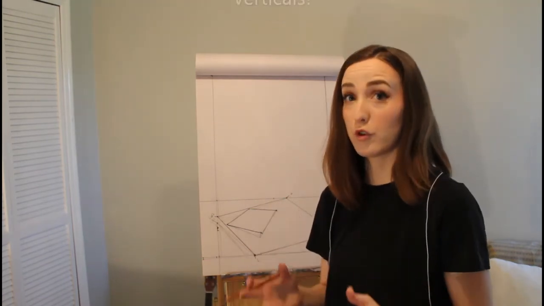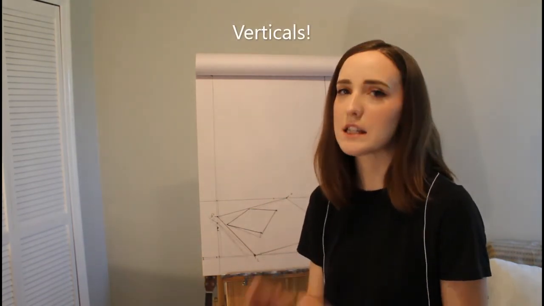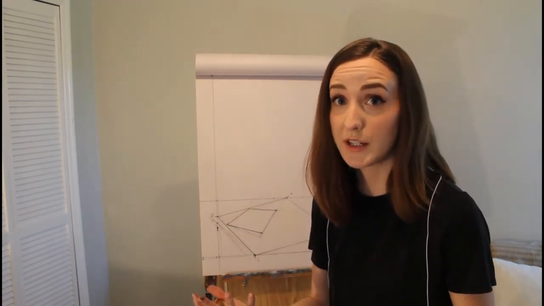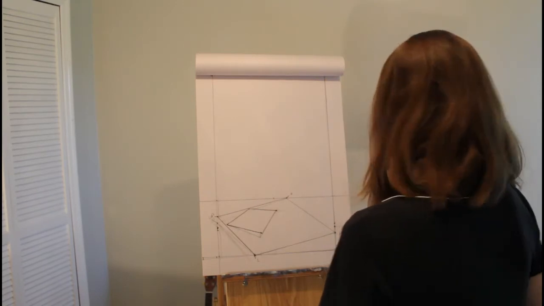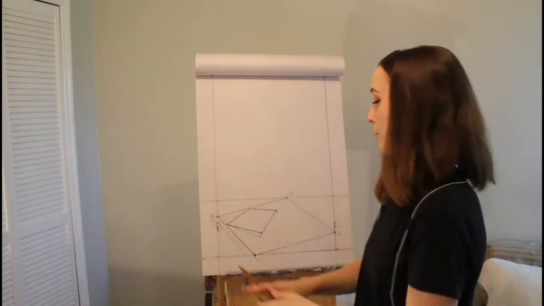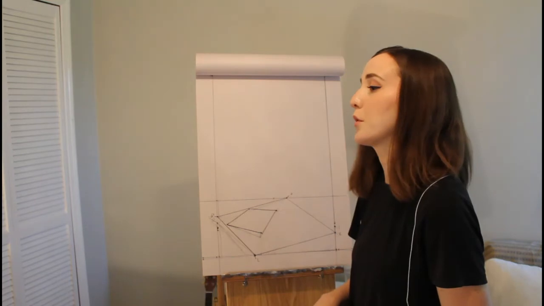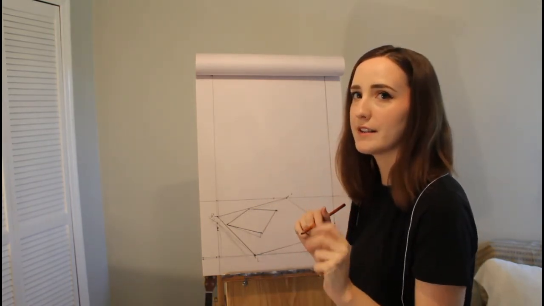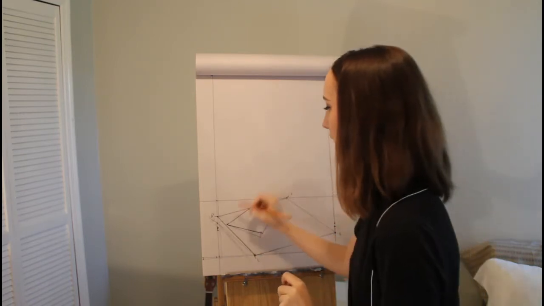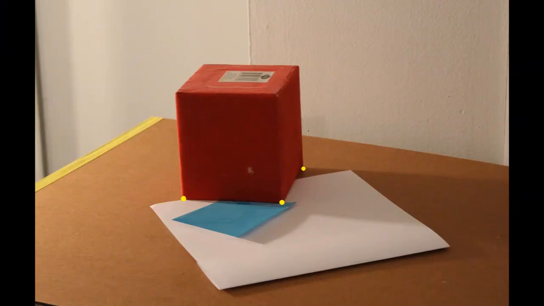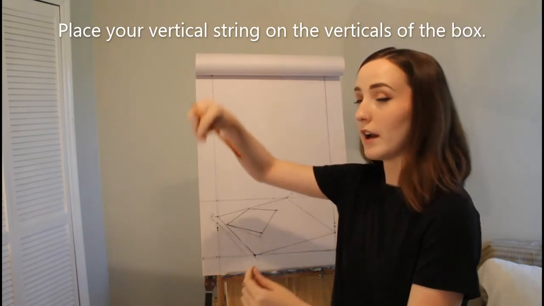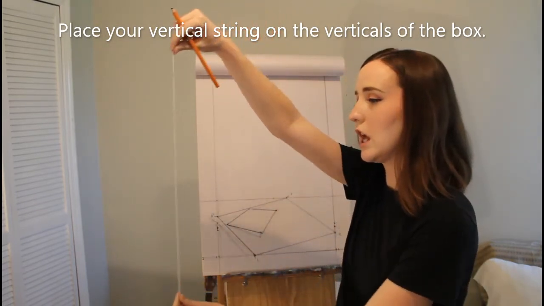It's time for verticals. This is the easiest part of this process because we see verticals so clearly. I'm looking at the box that I've placed on top of these two pieces of paper. I'm gonna plot where the feet of the box hit the pieces of paper. I can use my string to ask those kinds of questions with straight lines.